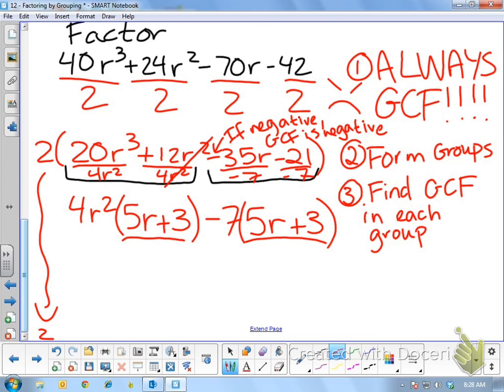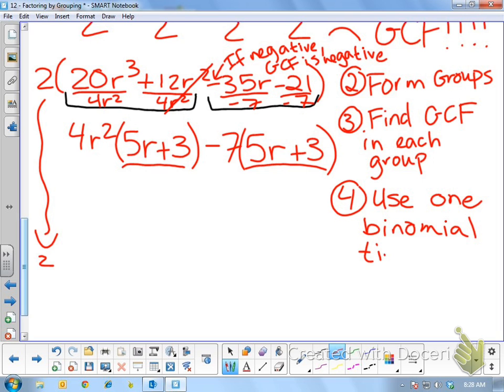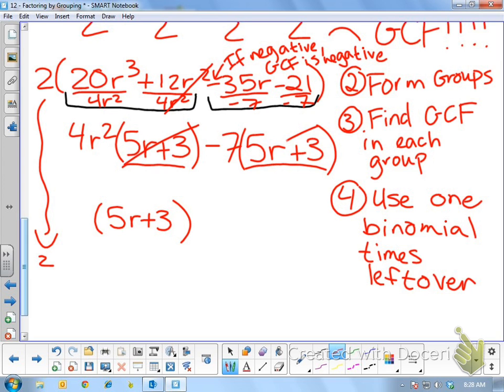Even though there's 2 here, when we factor out, we only use one of the binomials. Remember, binomial means 2 terms. And then we're going to multiply it by anything that's left over. So we use one binomial, 5r plus 3. Even though there were 2 written, I only write 1.